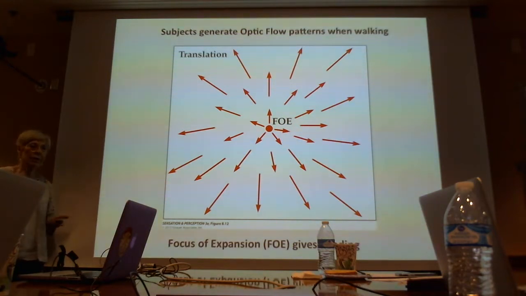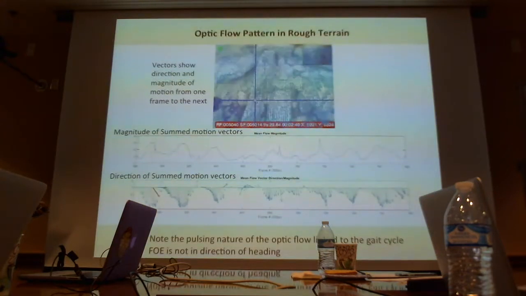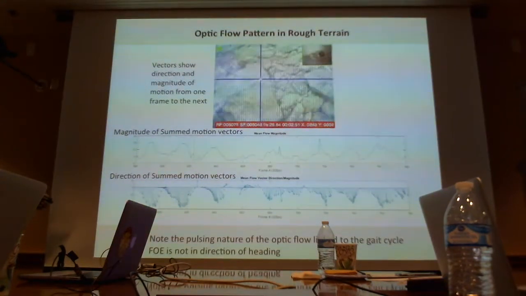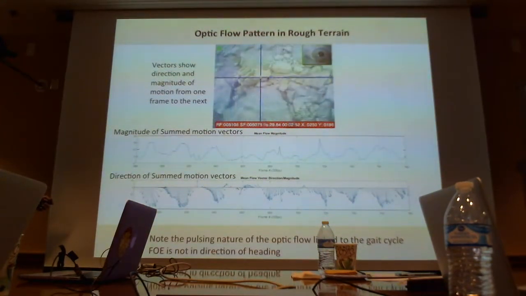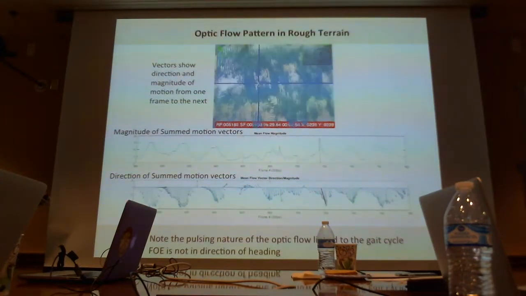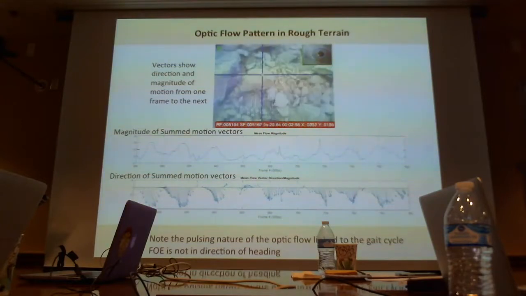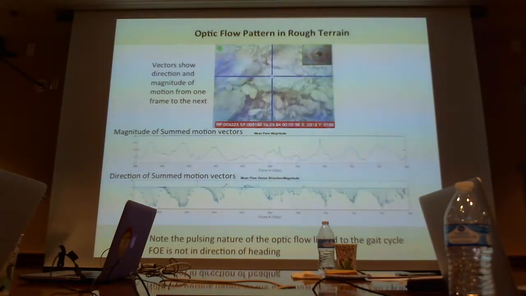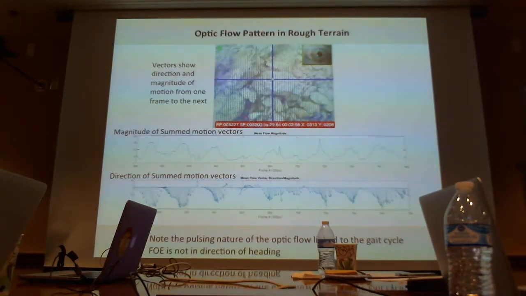It's very common to read papers saying you need the focus of expansion in order to control your heading. What John did here was take the video from the scene camera and calculate the little motion vectors from one frame to the next. I'll play that again.